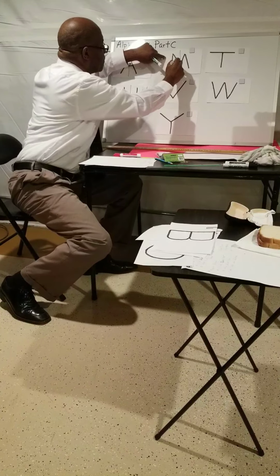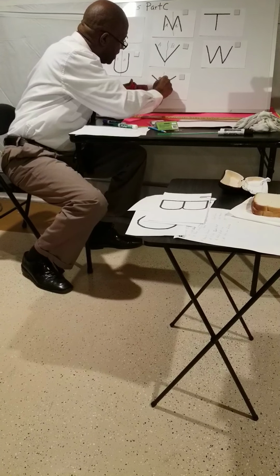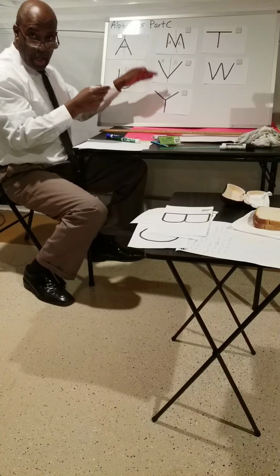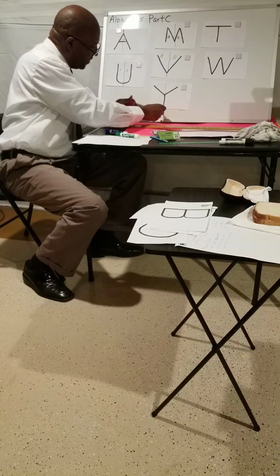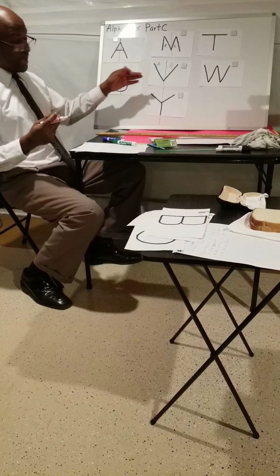Capital W, Y. If we put a vertical line along the middle of this Y, you see it disappears a little bit, but of course, it will go on down, I'll put a little red line there and up there to let you know. That's your line of symmetry.